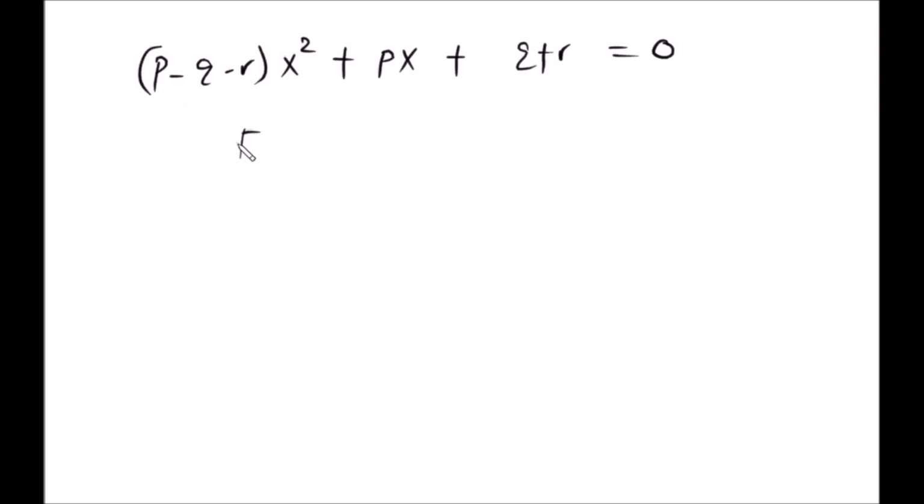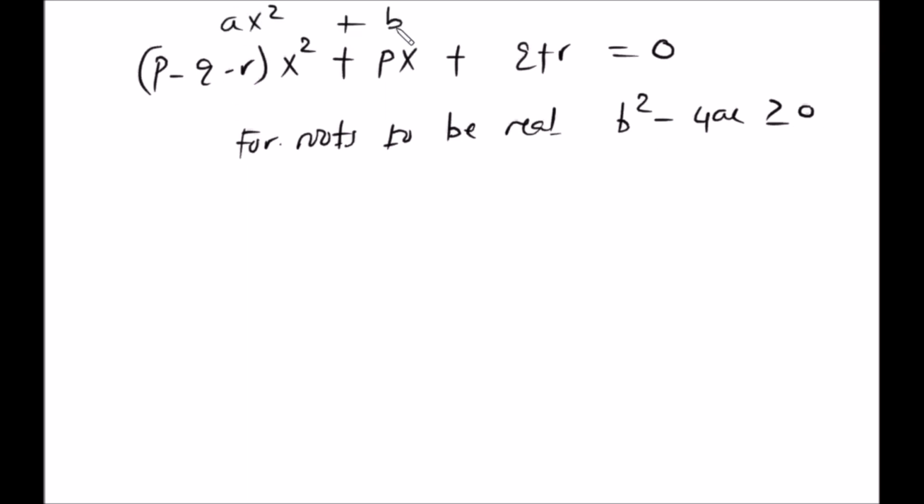Tumeona tayari for roots to be real, basi b squared minus 4ac should be greater or equal to 0. So in our case here, our a ni nini? Our a ni hiyo p minus q minus r. Our b ni nini? Ni hiyo p, na c ni nini? Ni q plus r.